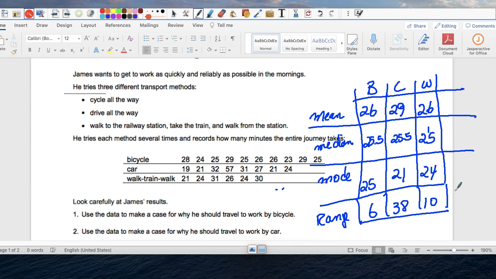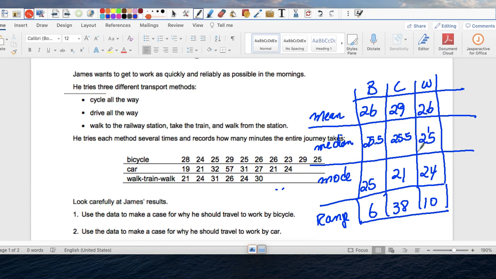So let's get to this. Looking at this, I'm going to make a case for the bicycle. If you look at the bicycle, it looks like the mean is the smallest. And although you're going to say, well, by walking, the mean is also small. It's the same value. It's 26 as well.